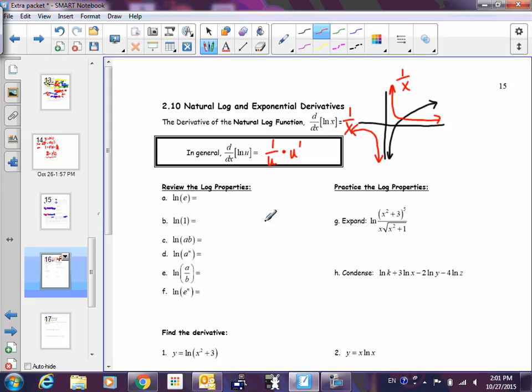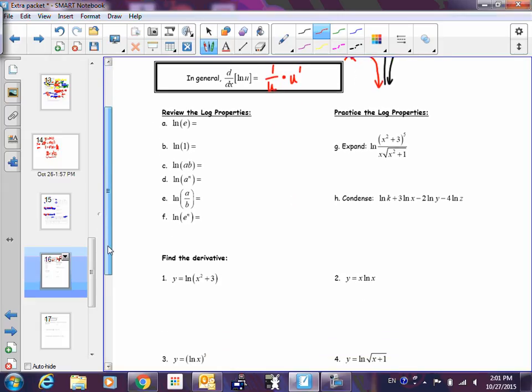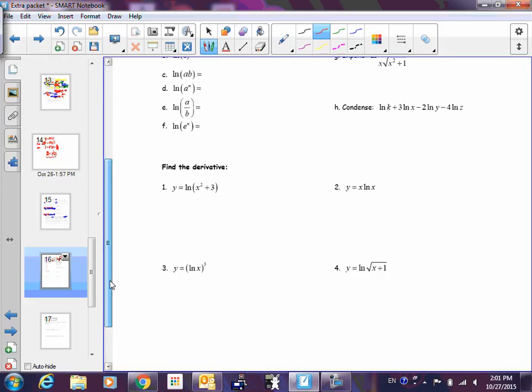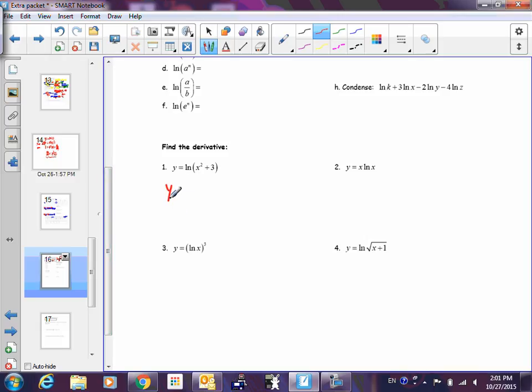So before I even get to these log properties, I want to go straight into this example down here. For example 1, finding y prime, the derivative of natural log of something, it's just going to be 1 over that something, which we call the log argument, by the way, what you're taking log of, times the derivative of the inside, which would be how much? 2x.